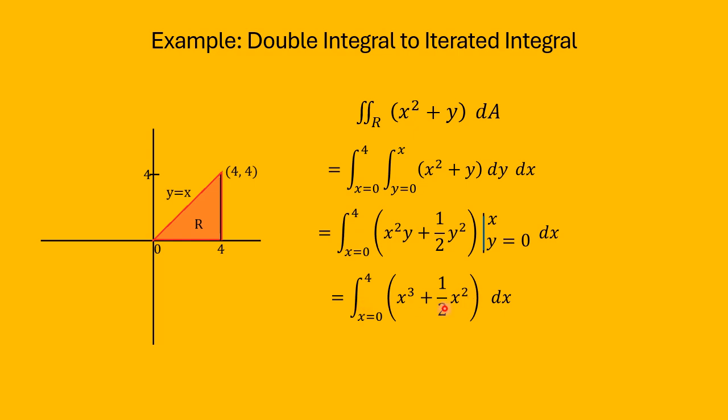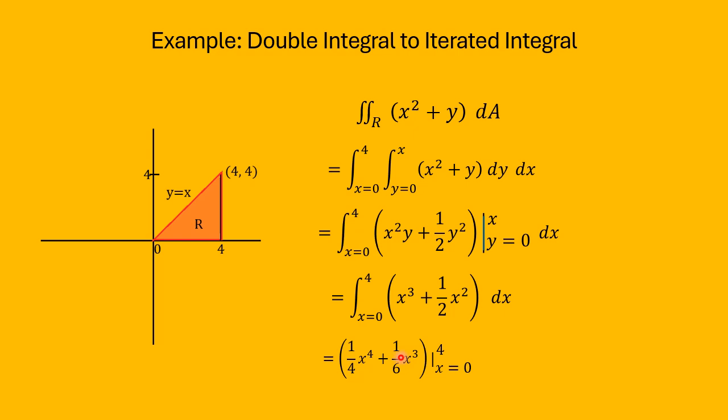And now this definite integral is easy to evaluate by the fundamental theorem of calculus. We have an antiderivative of this function of x. The antiderivative of x cubed is 1/4 x to the 4th. An antiderivative of 1/2 x squared is 1/6 x cubed.